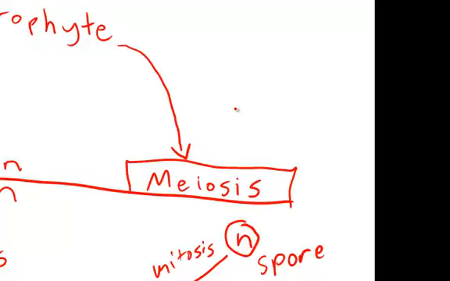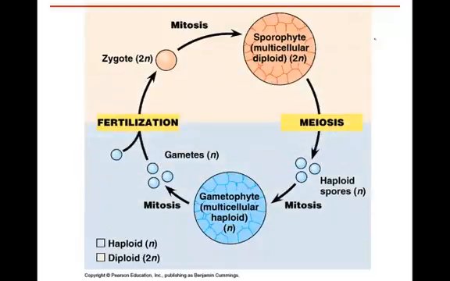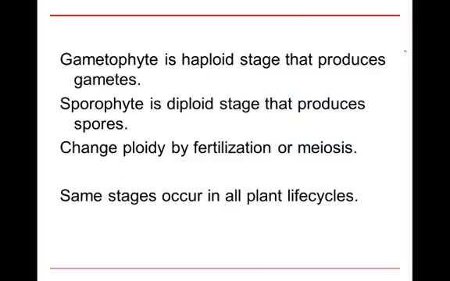Now, let's just make a couple of observations about this, make sure that you have them. Well, first of all, here's a textbook illustration. Yours is much better than this, and I'm sure you understand it, but let's make a couple of observations based on that diagram that you've drawn and hopefully learned. The gametophyte is a haploid stage that produces gametes. The sporophyte is a diploid stage that produces spores.